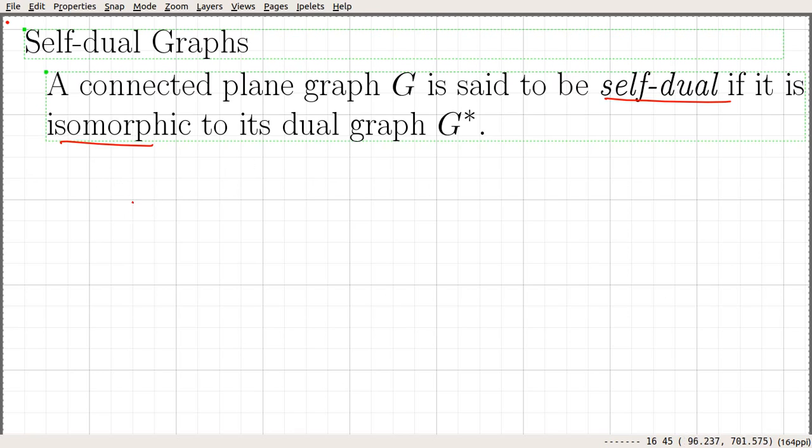Okay, let's consider K4, a complete graph on 4 vertices, and let's consider a plane drawing of K4. Then after that we will draw the dual of K4 and let's see what is going to happen.